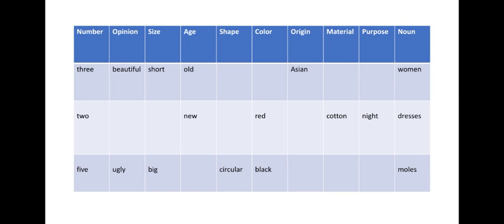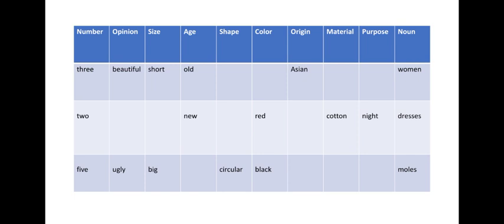So we have the sentence, 3 beautiful, short, old Asian women. Next, we have 2 new red cotton night dresses.